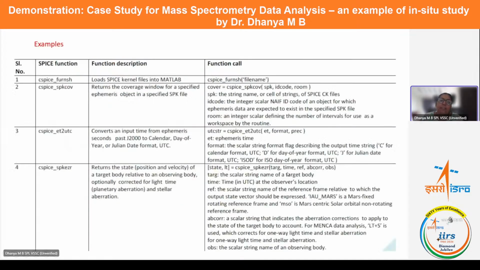Using these, there are some example functions. The first command is to load the kernels. This is like MATLAB, and it works for other languages also. Then there are functions to find the coverage of the data, convert time to UTC, and get the position of the body.